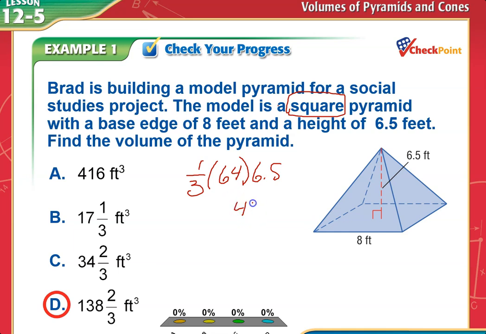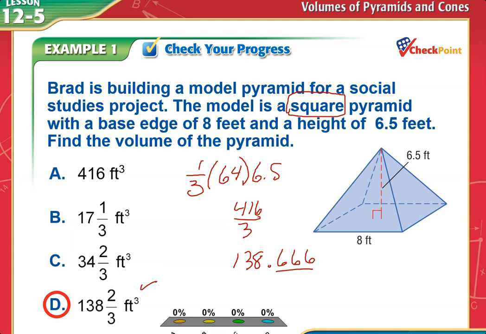And then 416 divided by 3. If we divide that by 3, we do get 138, and if we use our calculator, we get 0.6 repeating. And 0.6 repeating basically is 2/3. So there you go, 138 2/3 cubic feet.